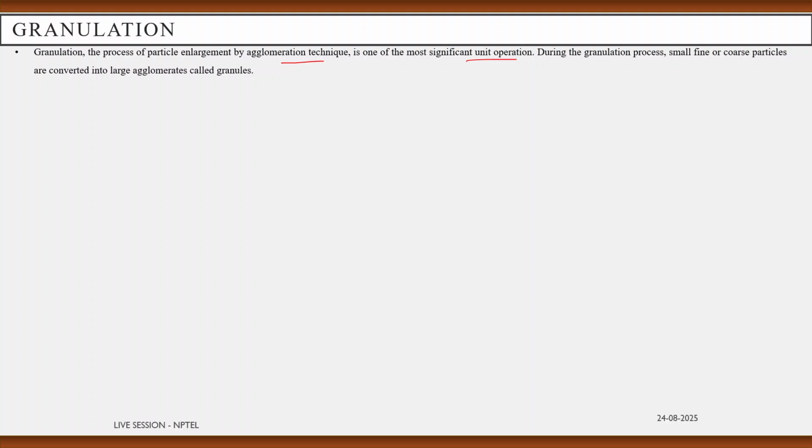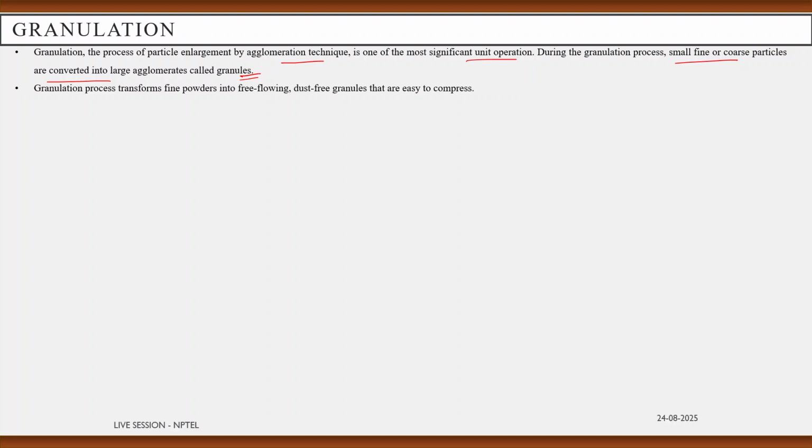So during the granulation process, what happens? Small fine or coarser particles are converted into large agglomerates, which are called granules.